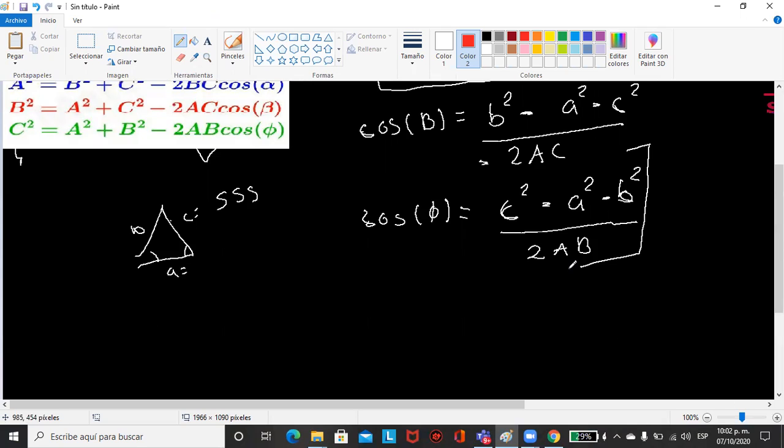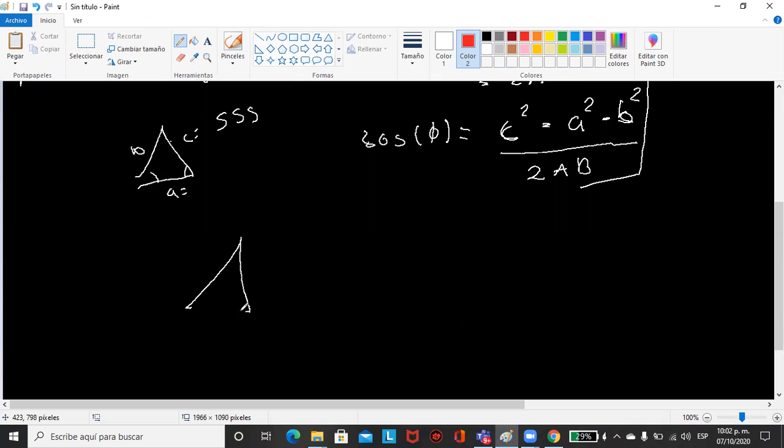In case that you have, for example, another triangle, like let's suppose this one, that we have one angle, this is 60, we don't know the measure of this angle, but this is not a right triangle, but we have the measure of this one, C equal to 20, and here B equal to 10, so we can use the law of the sine that we saw before, because we have an angle and we have an opposite length.